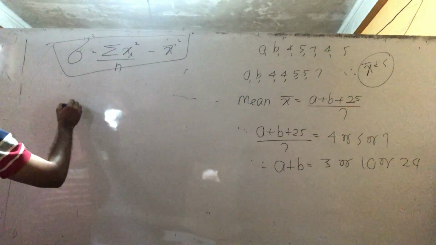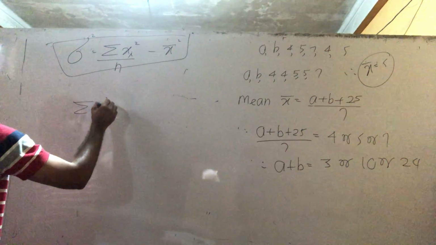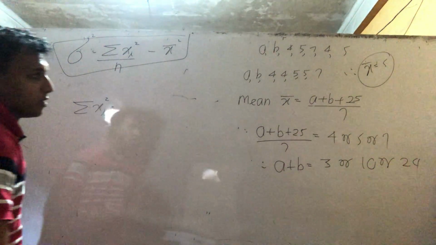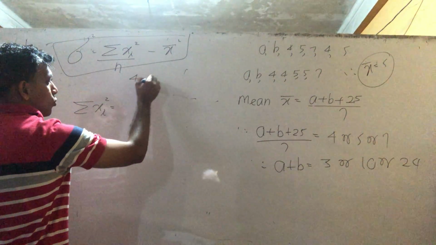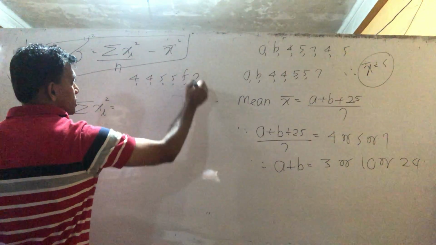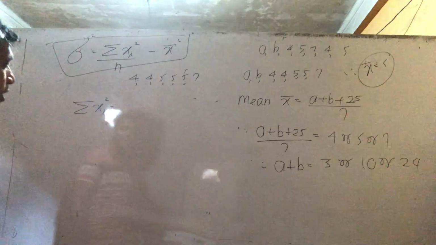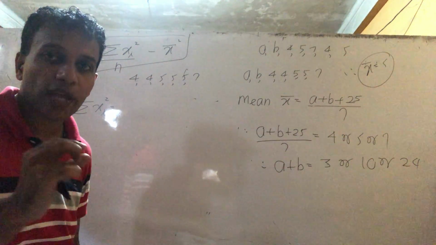Now find sigma xi squared. What are the values? 4, 4, 5, 5, 5, 5, 7. Each and every mark or value is called xi.